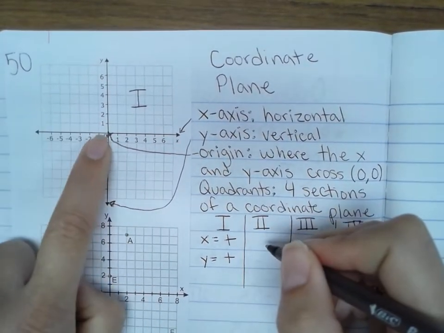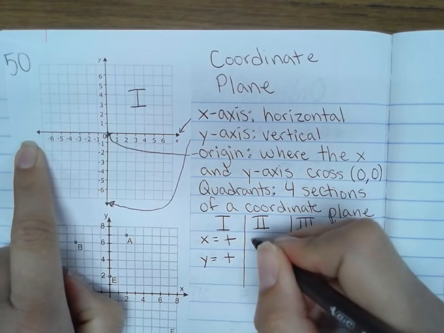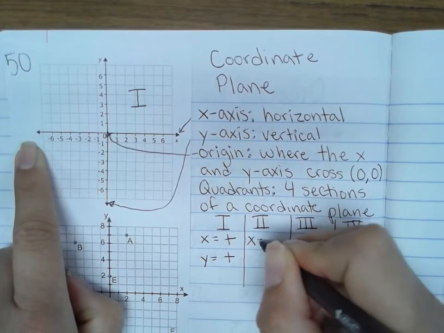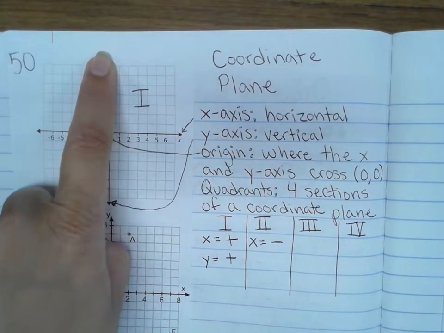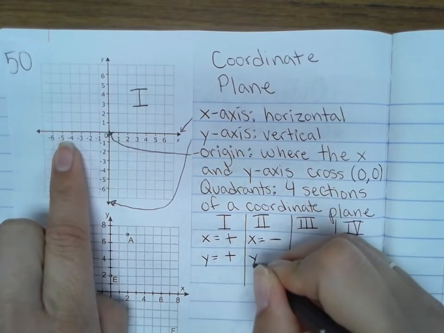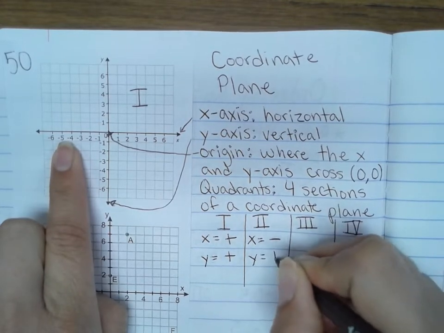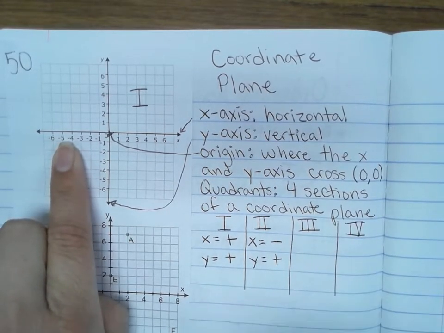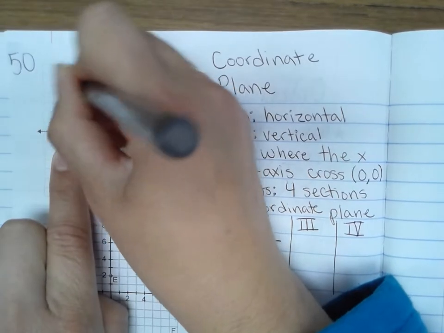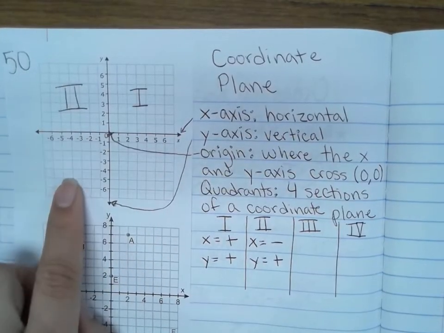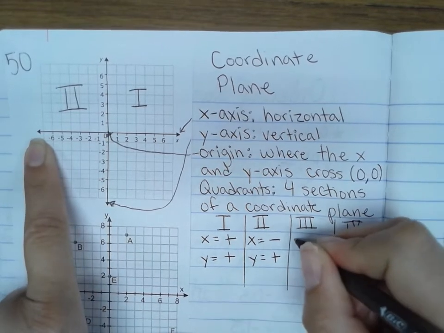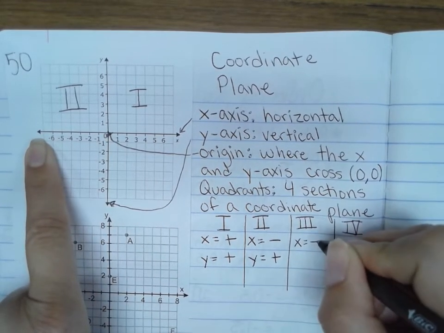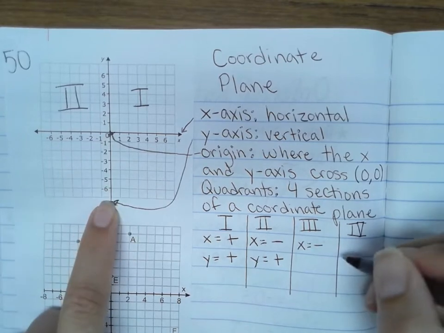Okay, in quadrant 2, our x values are negative, but the y values are positive. Okay, this is quadrant 2. Okay, this one right here is quadrant 3. Our x values are negative, but so are our y values here.